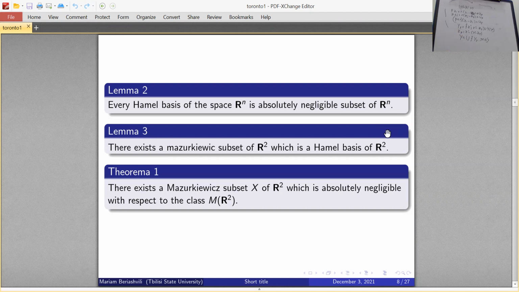It means that it will be a basis of R over Q, and it will be the set which meets every straight line in the plane in exactly 2 points.